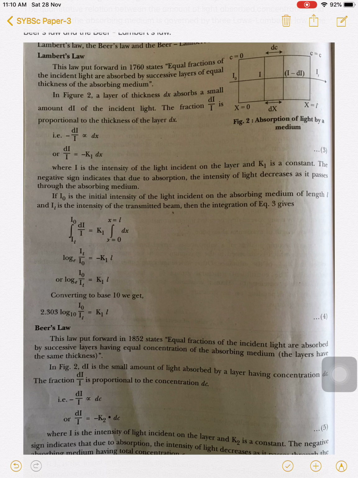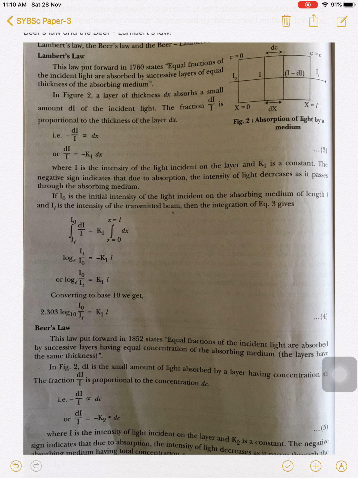So this law states that the amount of light absorbed by successive layers of equal thickness of the absorbing medium depends totally upon the thickness of that layer. How much fraction of light is absorbed depends wholly on the thickness of the absorbing medium.